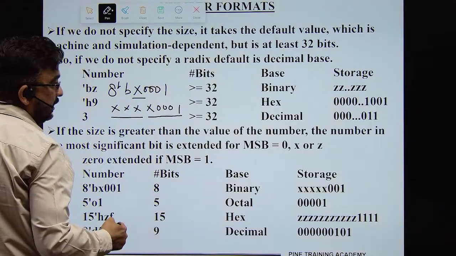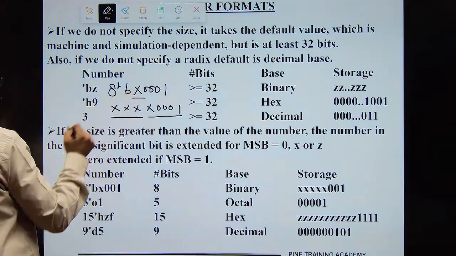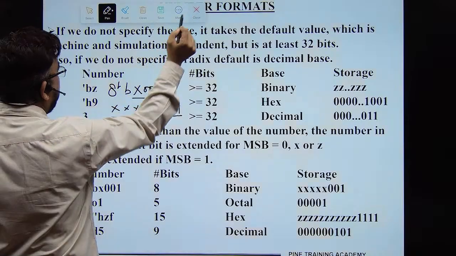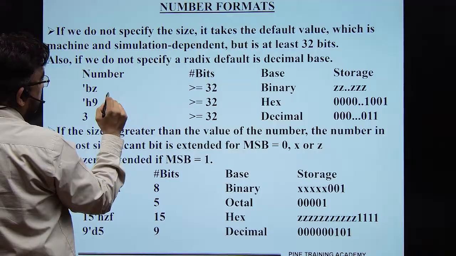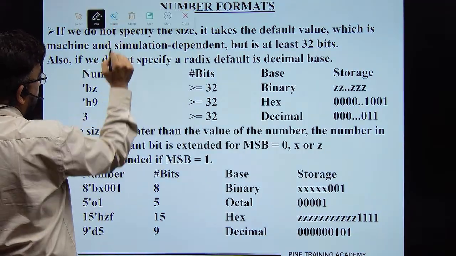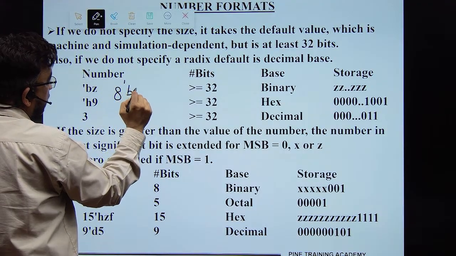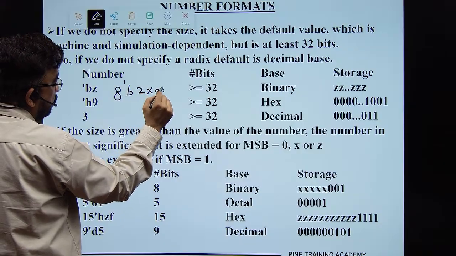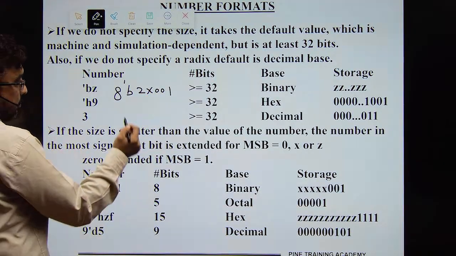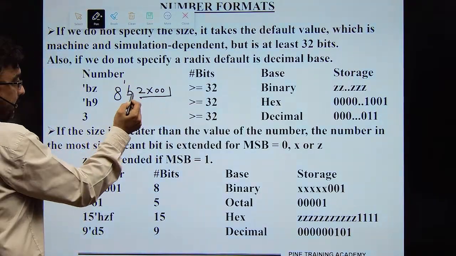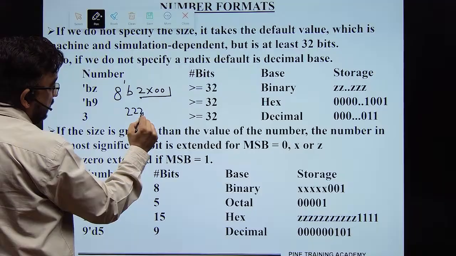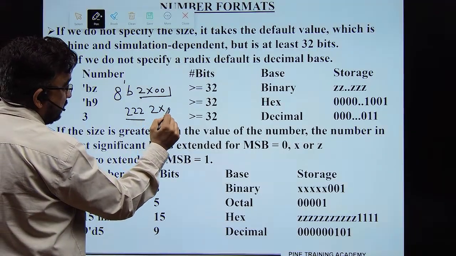If this x is z, 8 tick b zx001, the size is 8. To maintain it, this is a total of 5, so the last bit is z, 1, 2, 3, zx001.